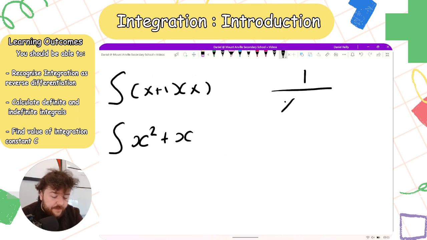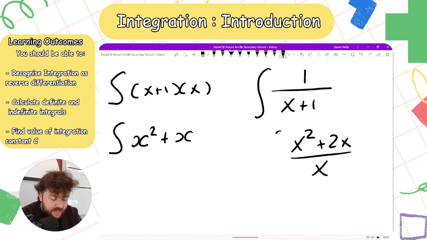Or if I have the integral of 1 over x plus 1, I can't integrate that, because I can't write it as a standard polynomial. But if I have, say, x squared plus 2x all over x, and I'm integrating that, that would be the same as the integral of x plus 2, dividing x in.